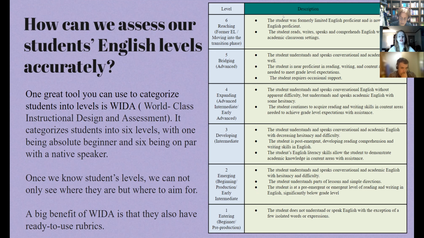So level 1 at the lowest phase is a student who doesn't speak English at all. Maybe they can say hello, goodbye, I'm fine, thank you, and you. And that's kind of it. Level 2, they can speak a little bit, chunks of language a bit, but really still very poor. Most of your students will probably, hopefully, fall between levels 3 and 4, which is an intermediate ability to speak.